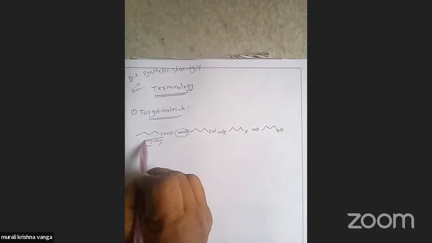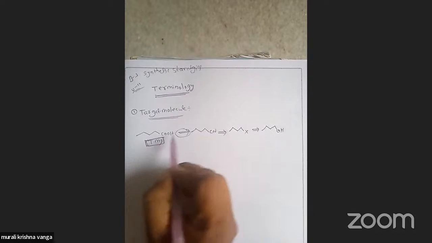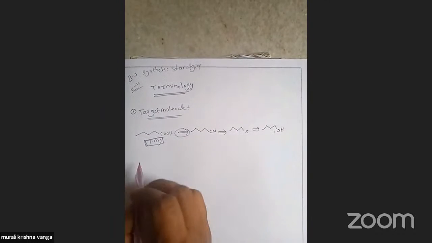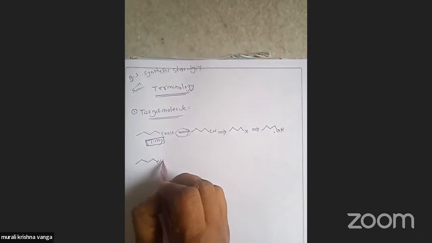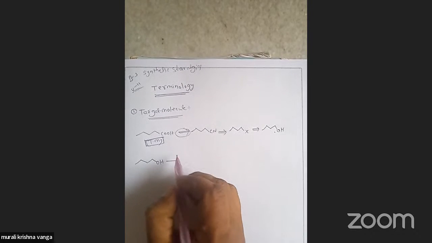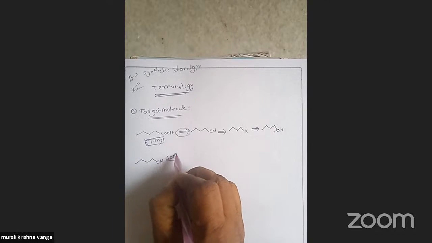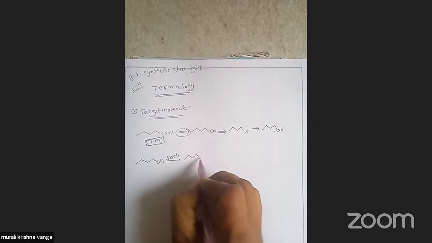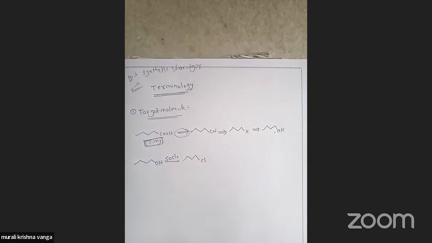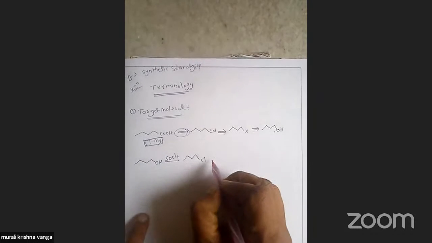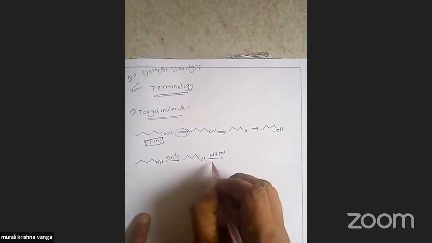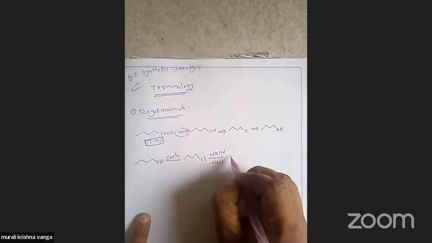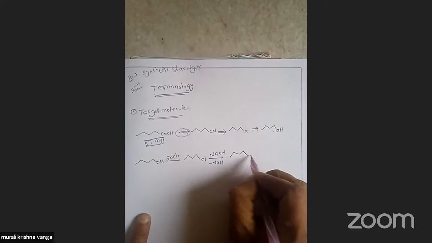Now we synthesize this carboxylic acid from this alcohol. When this alcohol molecule reacts with SOCl2, it is converted to alkyl chloride. When this alkyl chloride reacts with sodium cyanide, by loss of sodium chloride, it converts into cyano compound.